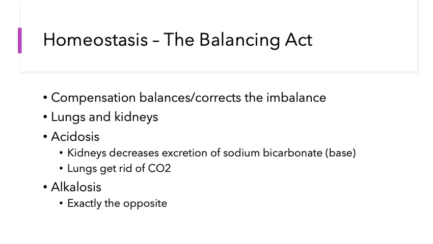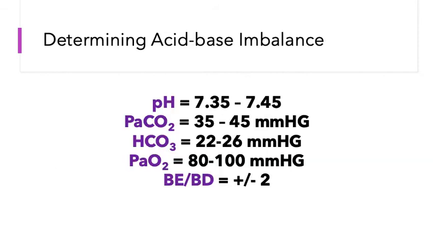Before we really go into how we're going to interpret our ABG, we need to determine the numbers. What are the normal values that we need to remember in order for us to make an interpretation of what we have in front of us, the ABG. Now, I have to put caution here.